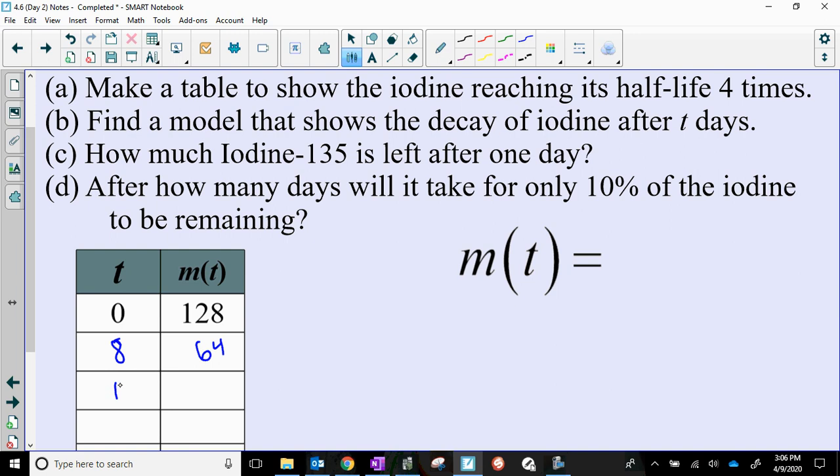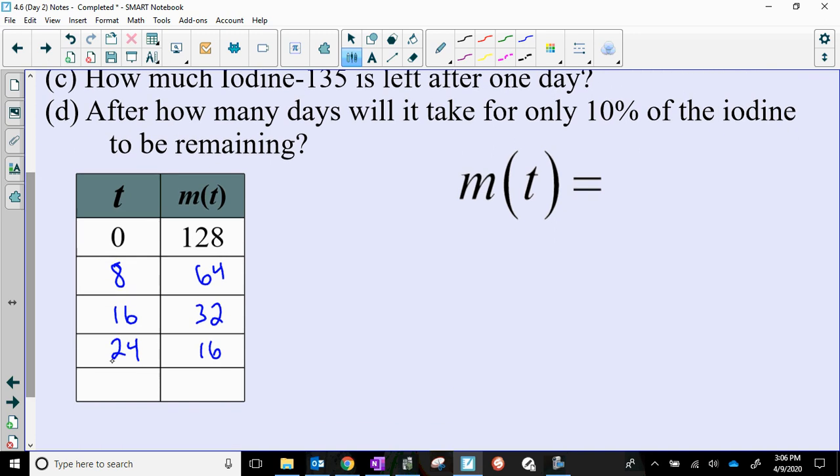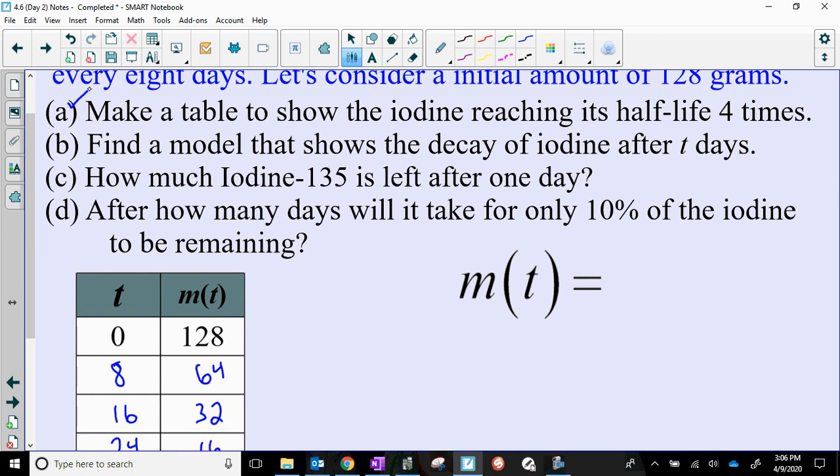So in 16 days, 8 days from the first time it got cut in half, it gets cut in half again. And in 8 more days, it's cut in half again. And 8 more days later, it gets cut in half once again. So we have our table going on here. And now we're going to use this table to figure out a model that shows what's happening here.